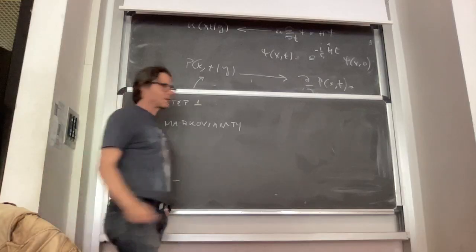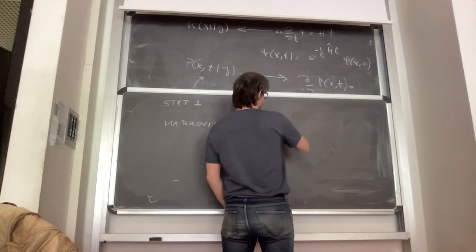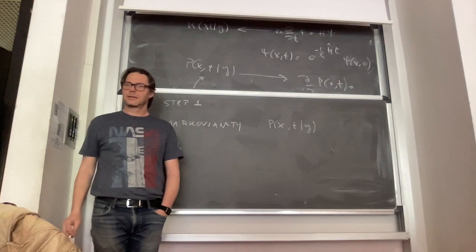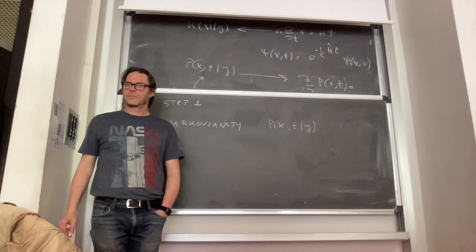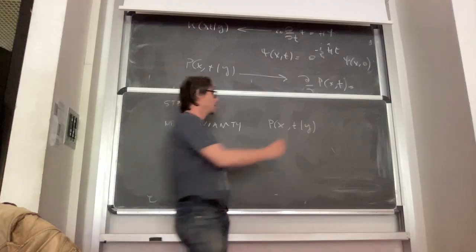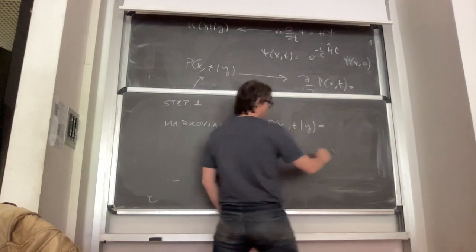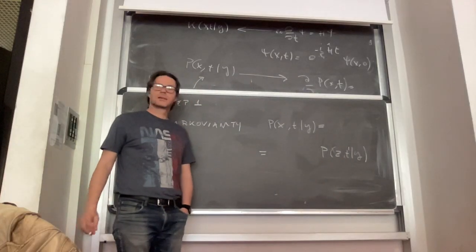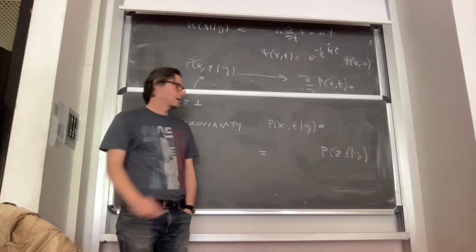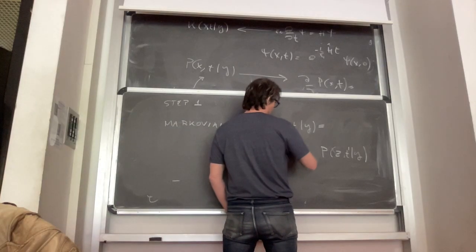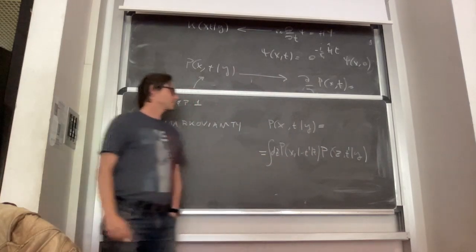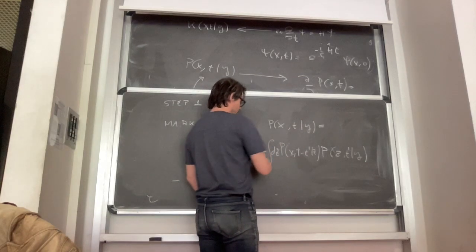For any Markovian dynamics, the probability to be in x at time t starting from y is equal to the probability to go from y to some intermediate position z at an intermediate time t prime, and then going from z to x in the remaining time, integrating over the intermediate position for every t prime.